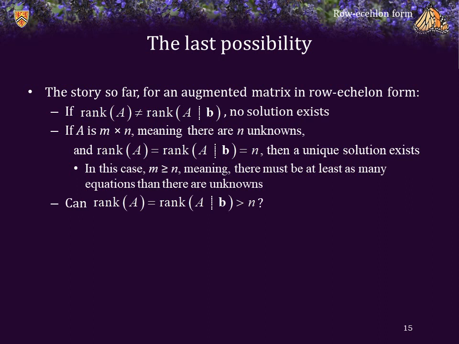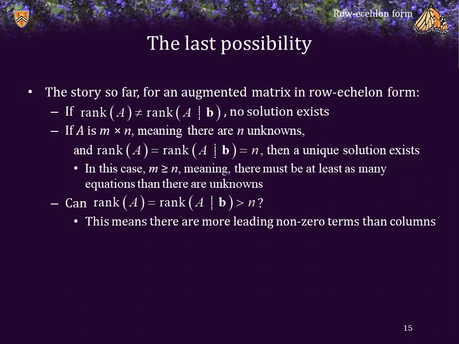So consequently, can the rank of A ever equal the rank of the augmented matrix and have both of these values be greater than n? Well, this would be more or less impossible, because if the rank was greater than n, then recall that the rank of a matrix says that there are that many rows that have leading non-zero entries.